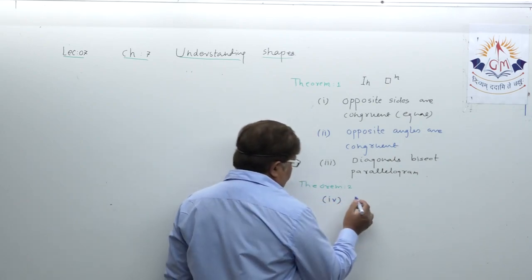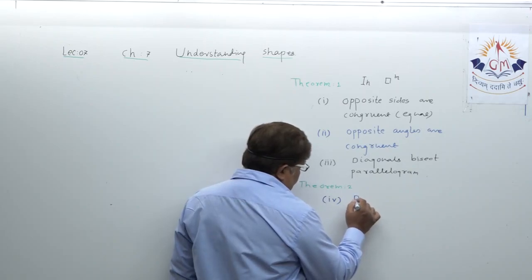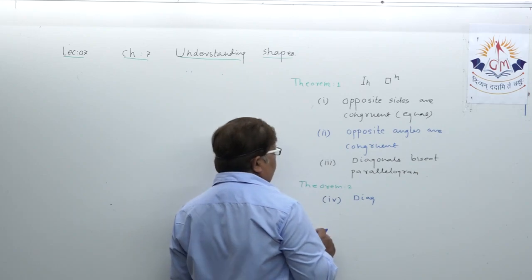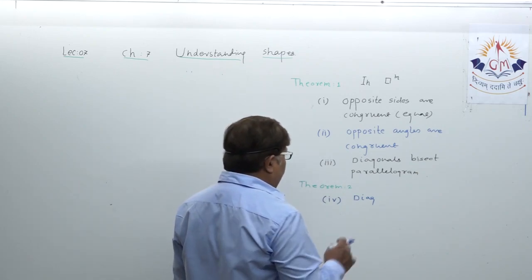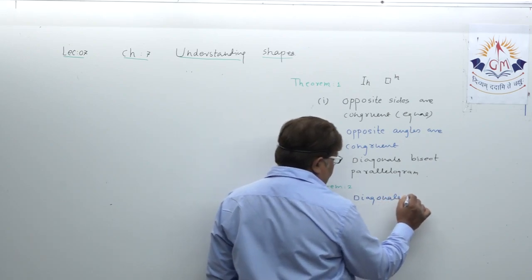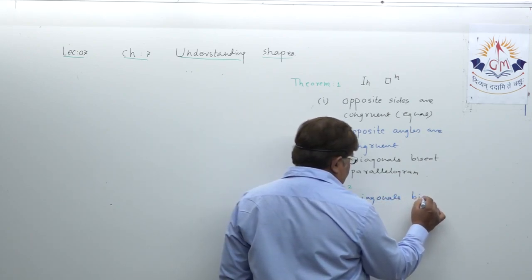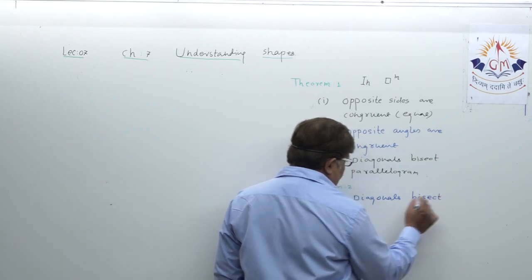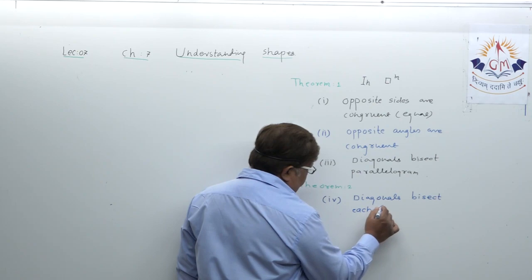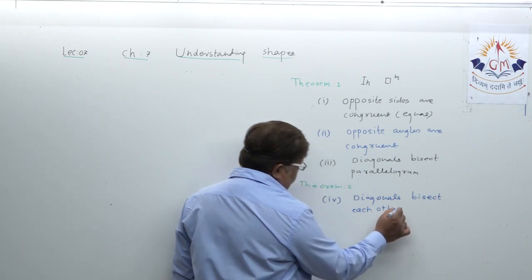What we have proved is that diagonals bisect each other.